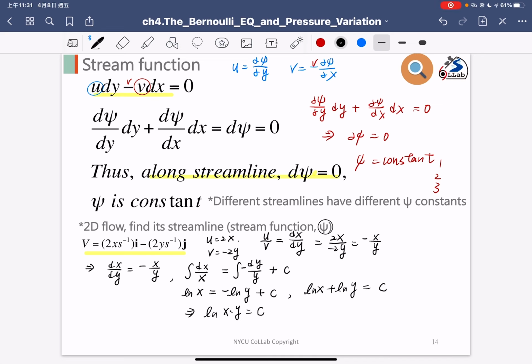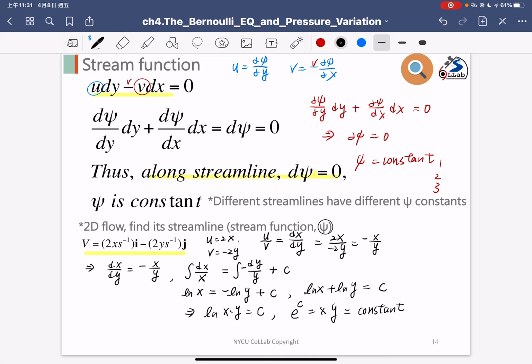So finally, I know that the exponential of the constant will equal to xy. And no matter what the constant value is, I know that this is always equal to a constant.